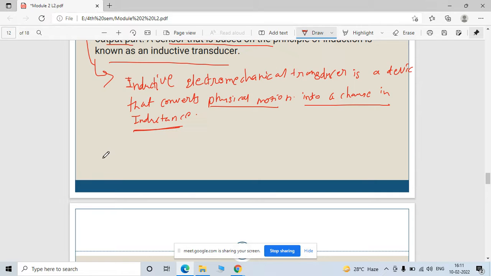First is variation in self inductance, second is variation in mutual inductance.